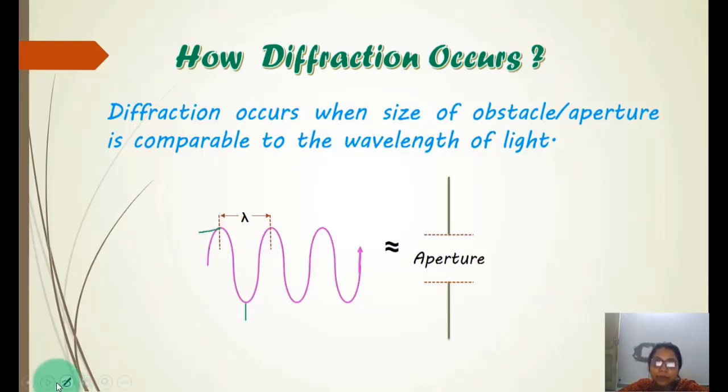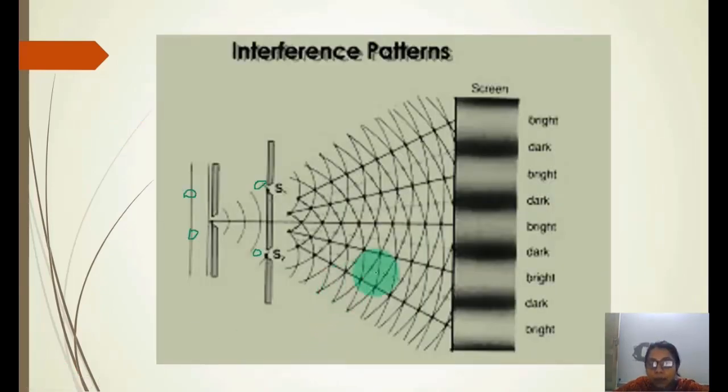So intensity will increase because both are positive parts, but the intensity will be less as compared to the central maxima. Clear? So all the next bright fringes will have intensity and be bright, but that intensity will be lesser than their preceding fringe. So that's called the diffraction phenomena.